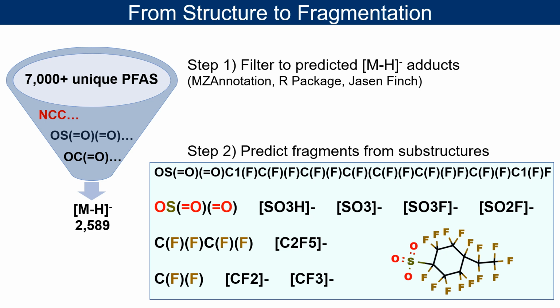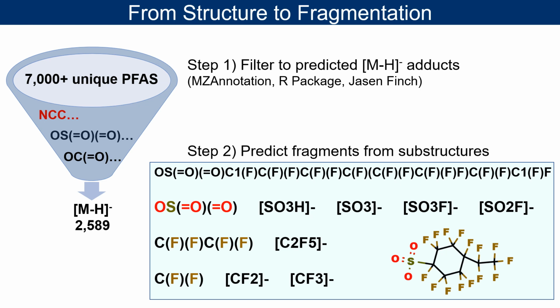So for example, you can see this structure on the bottom right, a sulfonic acid with a 6-member ring and 2 CF carbon-fluorine chain attached to that ring. And the way the software would work is it says, okay, if there's a sulfonic acid, based on rules we developed from standards that we acquired MSMS on, we often see an SO3H minus, an SO3 minus, an SO3F minus, and an SO2F minus.